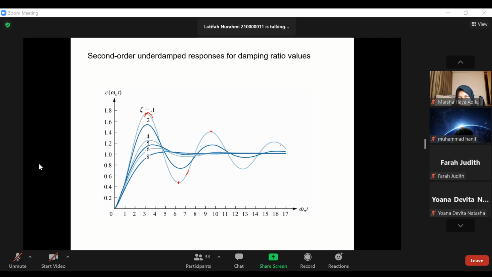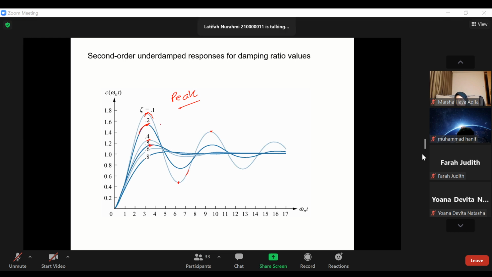As you increase the value of zeta, you will have less peak. This is 0.2, 0.5, 0.6, and 0.8.